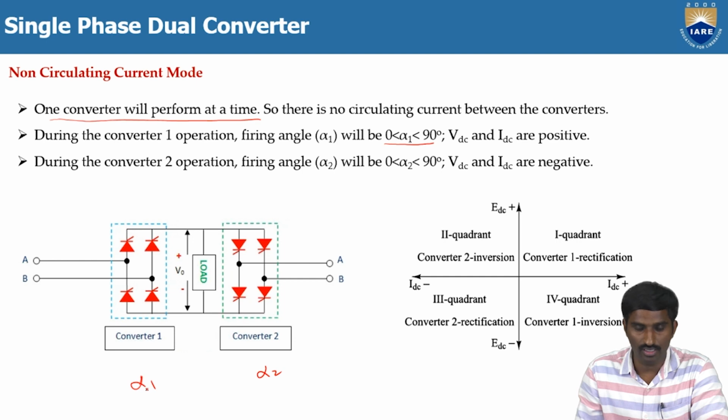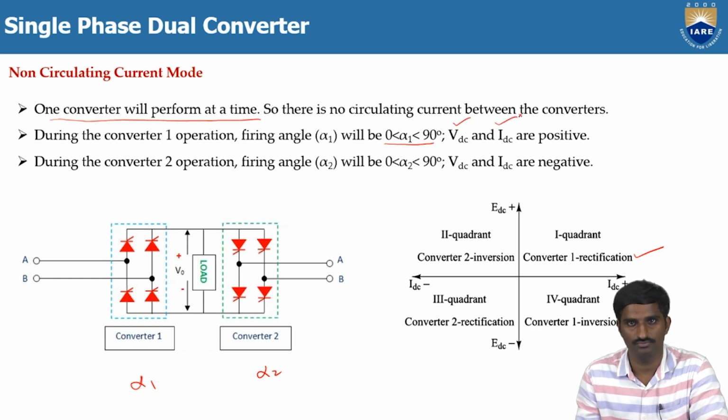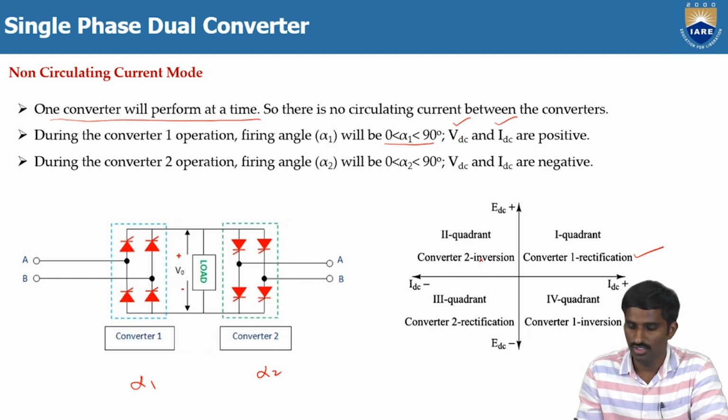If you change the firing angle between 0 and 90 degrees, converter 1 will always operate in the rectification mode, because both VDC and IDC are positive. So in the first quadrant, both the output voltage and current are positive.